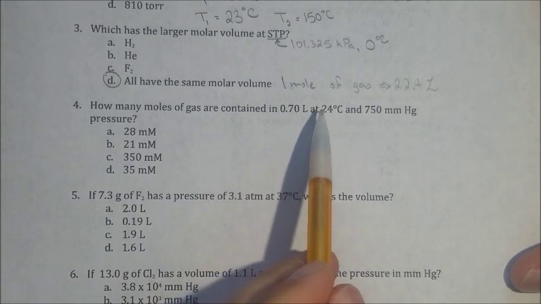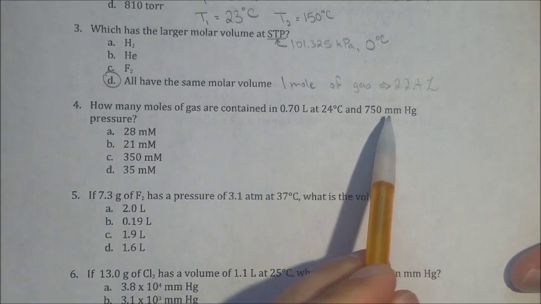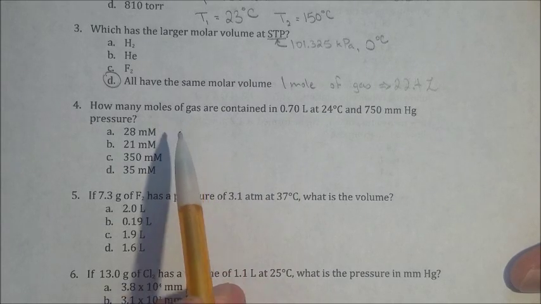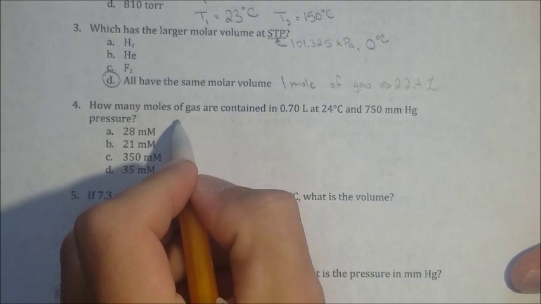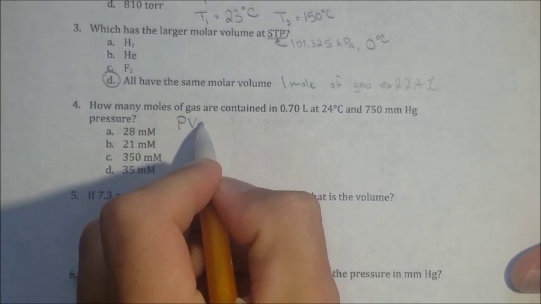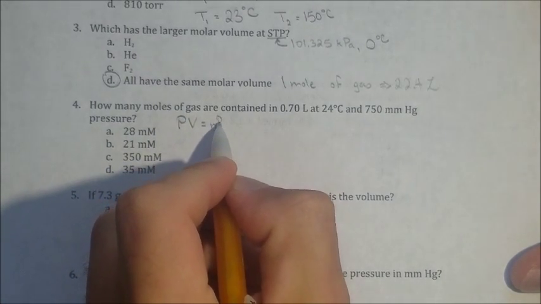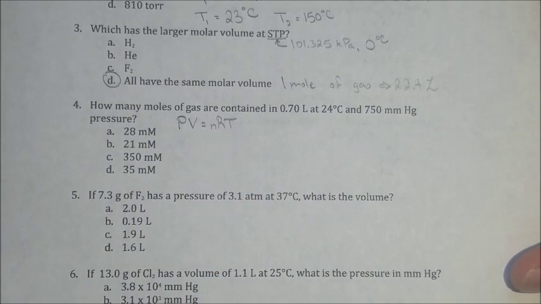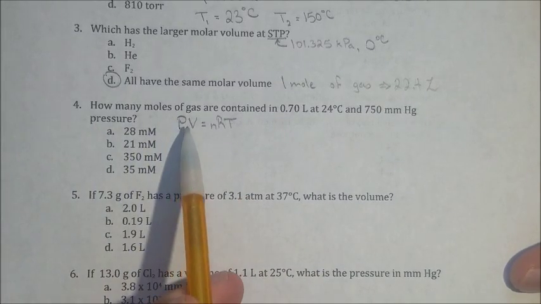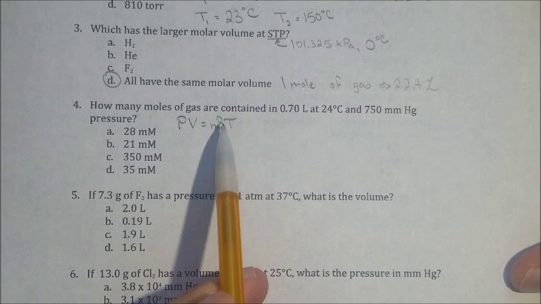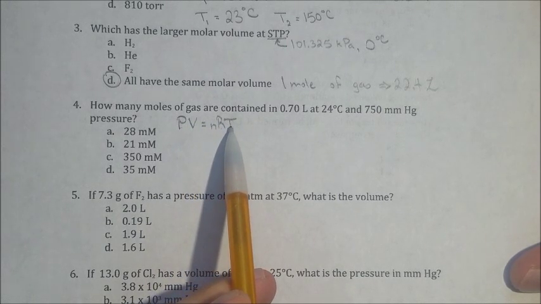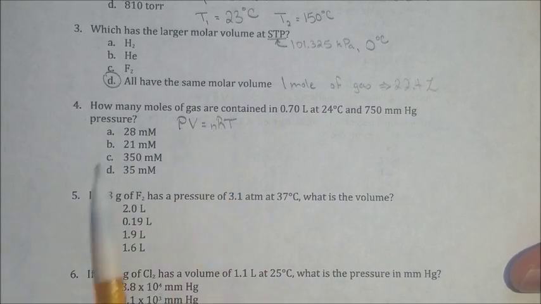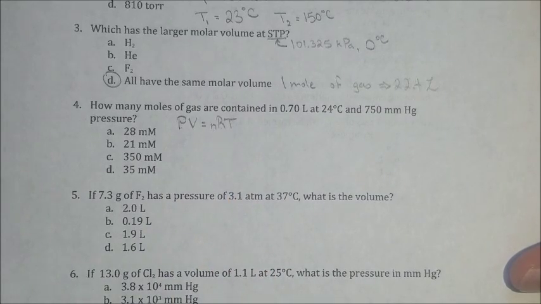If we're given the volume, the temperature, and the pressure, and we're trying to solve for moles, the best equation to use here is one that has all those variables, and that happens to be our favorite ideal gas law. PV equals nRT. Because we have pressure, and we have volume, and we have obviously the universal gas constant, and the temperature. Those are given to us, and so we can very easily solve for moles.